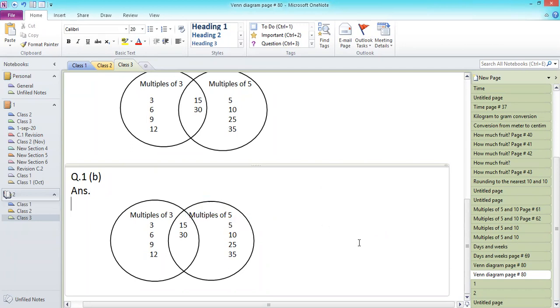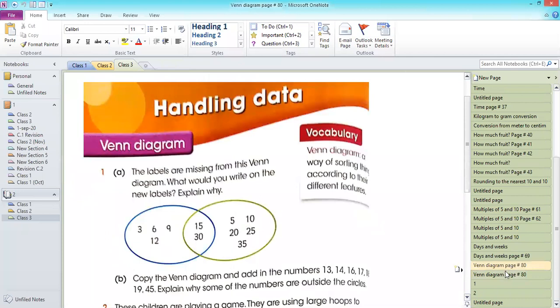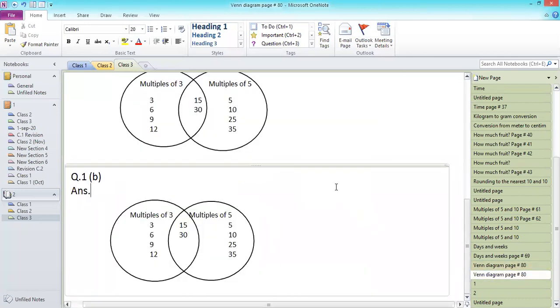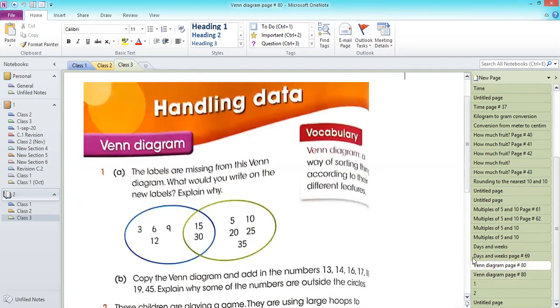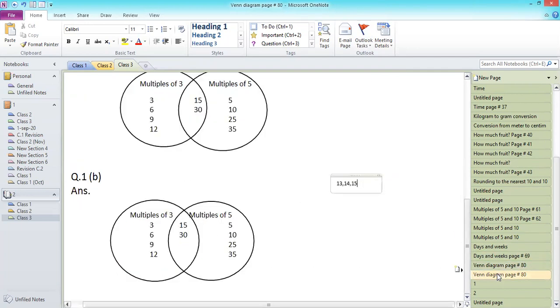You have to adjust the numbers that are 13. I'm writing the numbers here, you don't need to write here, just for adjusting: 13, 14, 16, 17, 18.